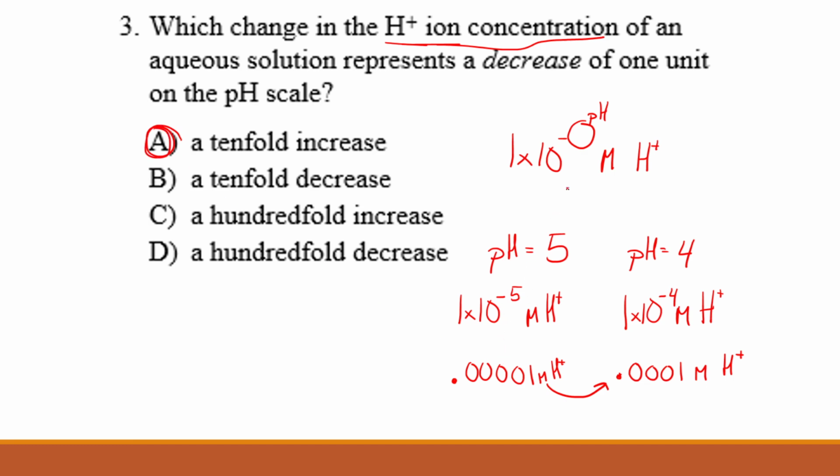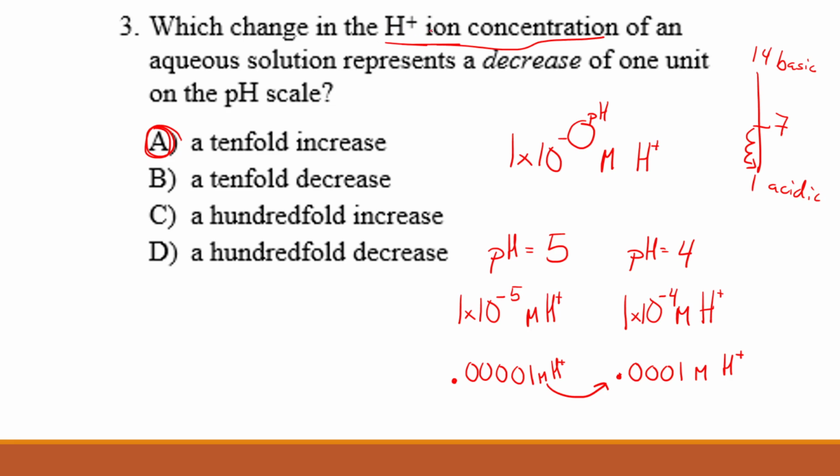Remember, you can think about it logically as well. We know that 14 is basic and 1 is acidic. So the further down we go, that's more and more acidic.